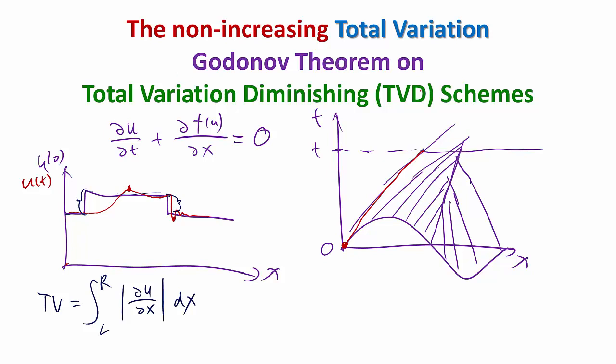And Godunov's theorem is a theorem that is proven by the same person who invented the Godunov scheme. It says that if you want a total variation diminishing scheme, it is impossible for the scheme to be better than first order.